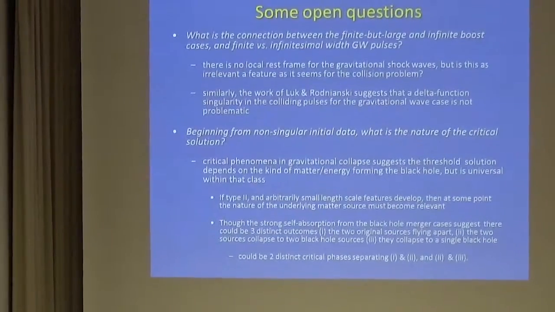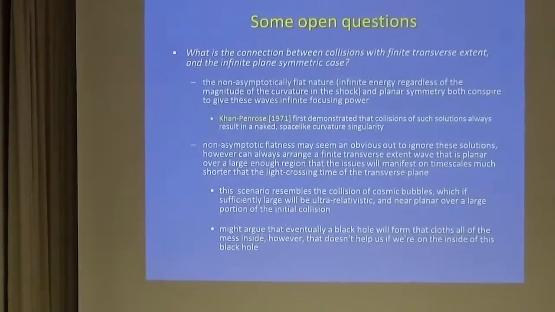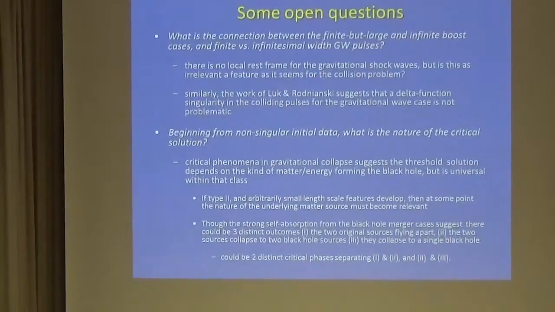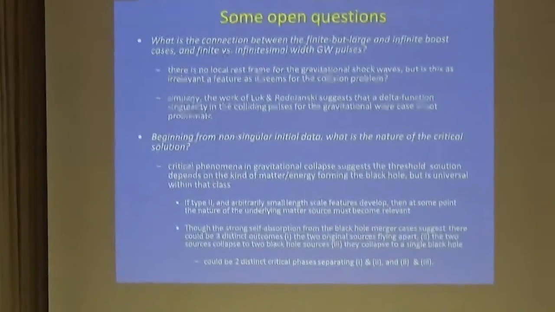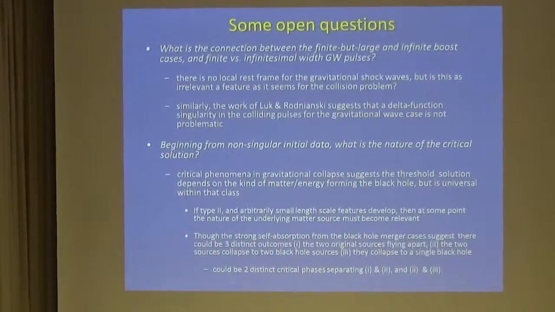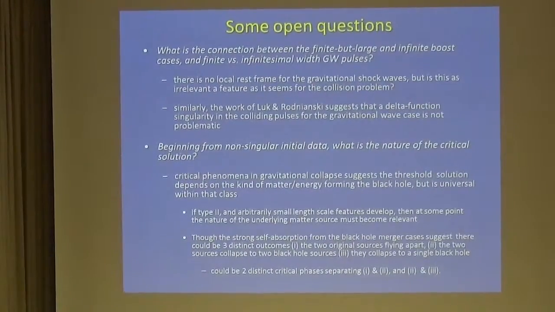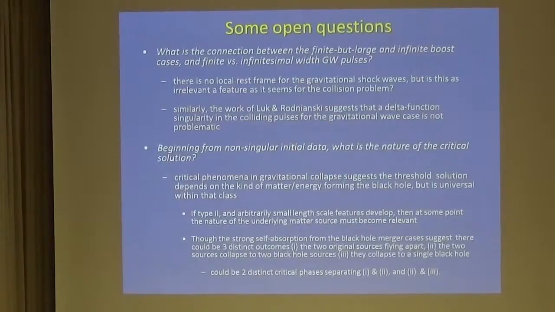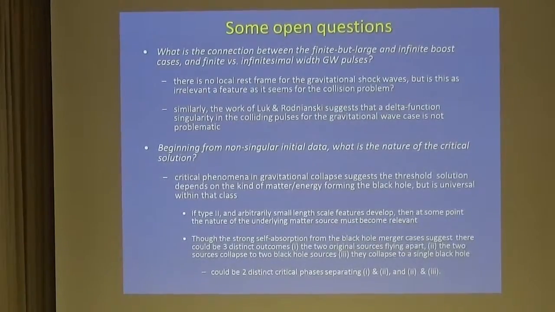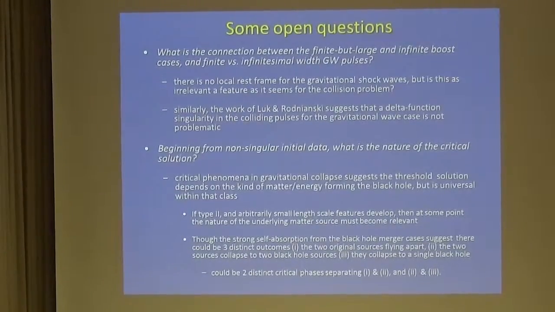On the other hand, as I described before, what the two black hole case suggests is that there might actually be three generic outcomes. If you now include impact parameter, at very large impact parameter, there's just going to be a deflection. So let's imagine two solitons as the sources.